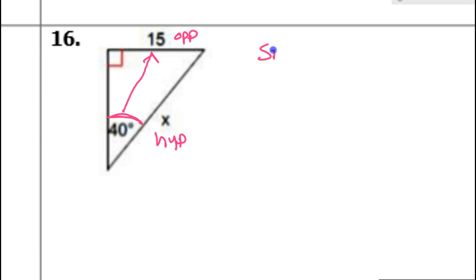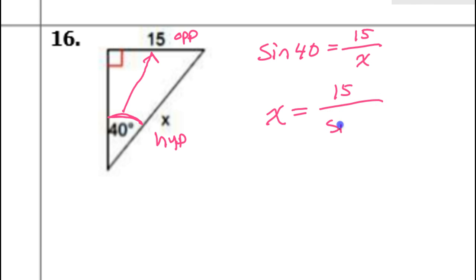So we will set up the sine function. Sine of 40 is equal to opposite over hypotenuse. Whenever the variable is in the denominator, you swap these. So this will give you x is equal to 15 over sine 40.